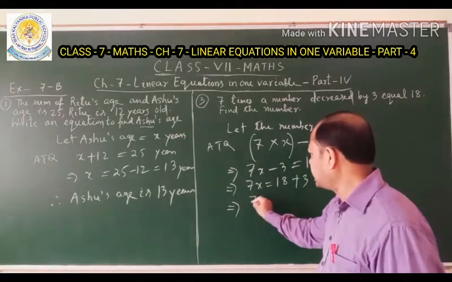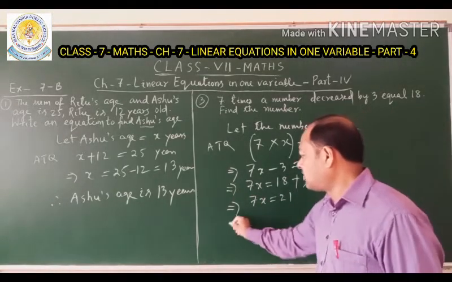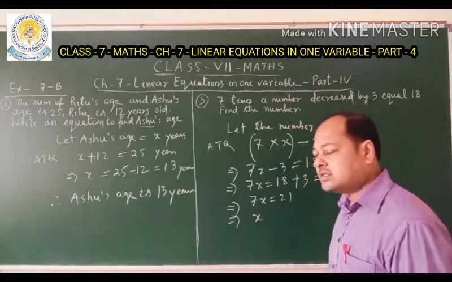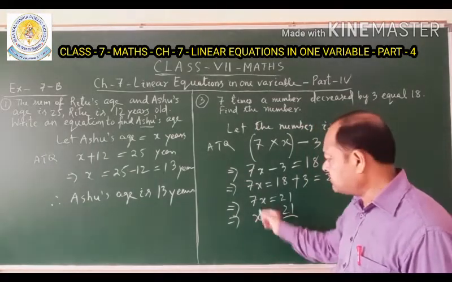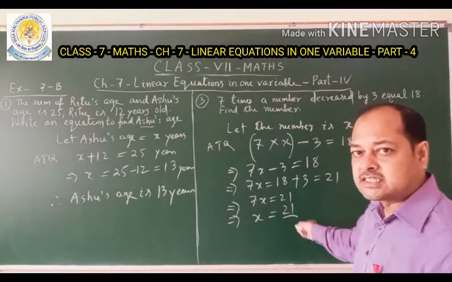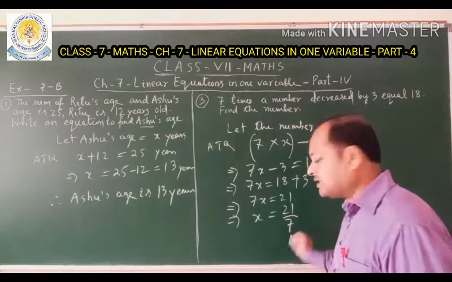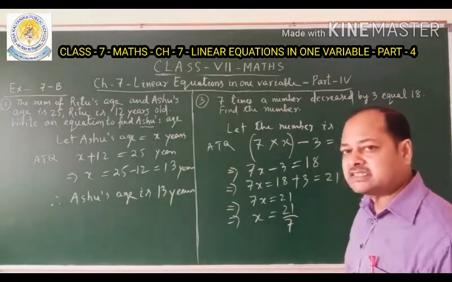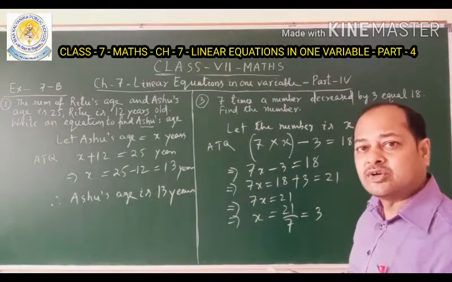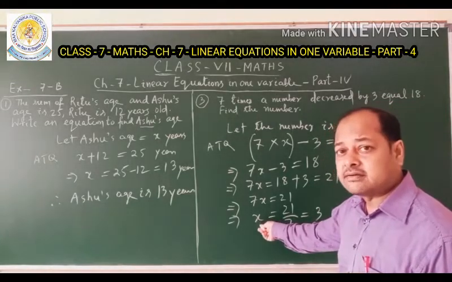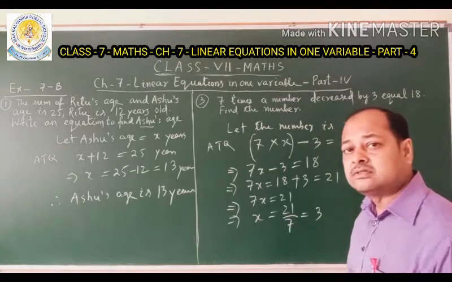So 7x equals 21, x equals 21 divided by 7, which is 3, because 7 times 3 is 21. So x equals 3.